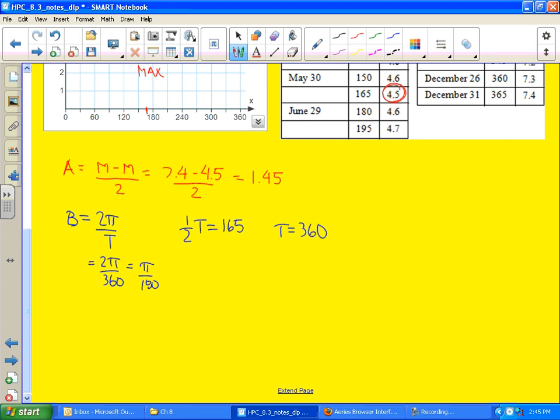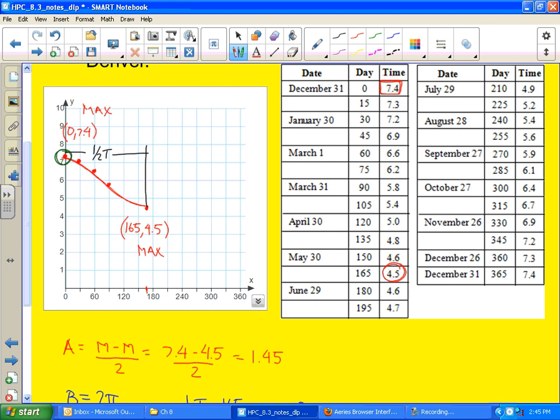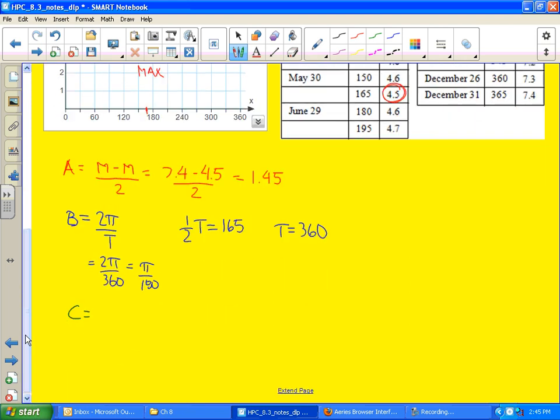That's my B value. C value. In this example, because we're assuming our start point to be at the vertical axis, we have not shifted right or left. So we're going to say our C value is equal to 0.